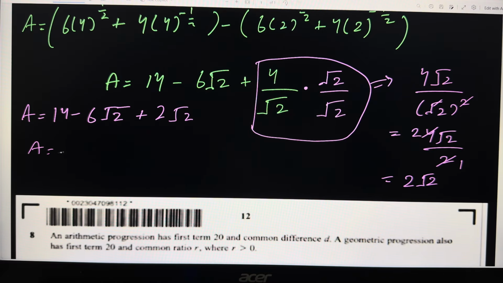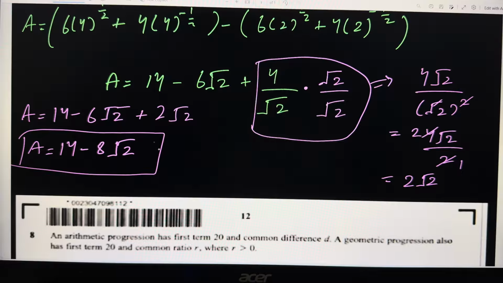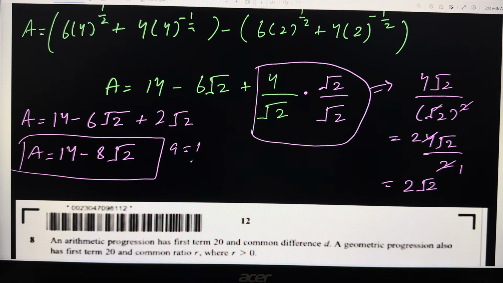So A is equal to 14 plus 2, yeah, so this becomes minus 8 under root 2. Okay, this is our answer: a is equal to 14, b is equal to negative 8, c is equal to 2. Okay, this is the answer.